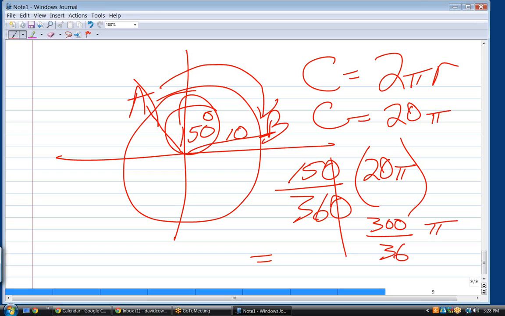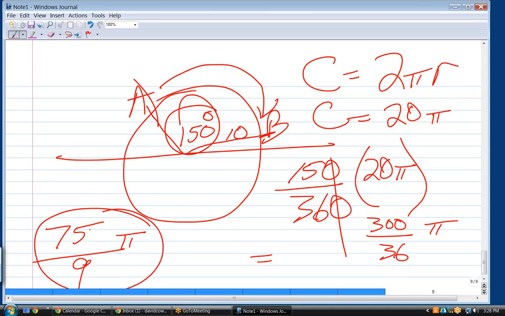What goes into both of those numbers? 4. 4 goes into 300 75 times, and 4 goes into 36 9 times. It's 75 pi over 9 is the simplified answer.